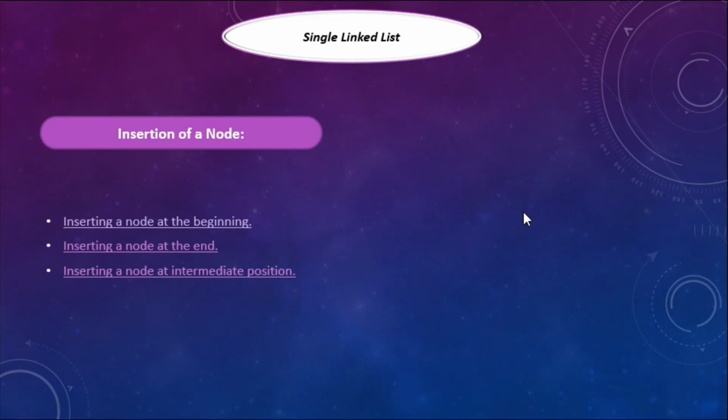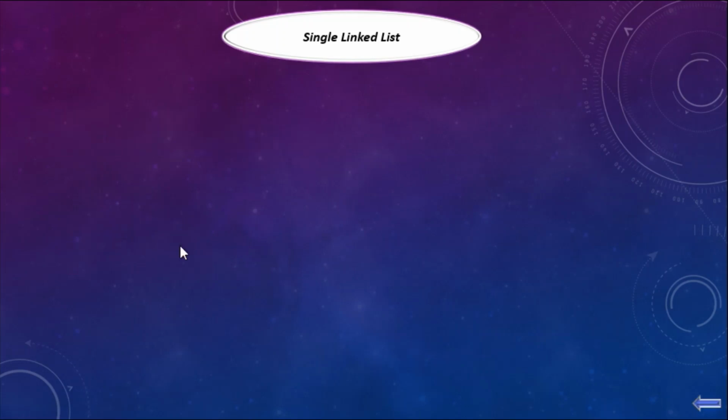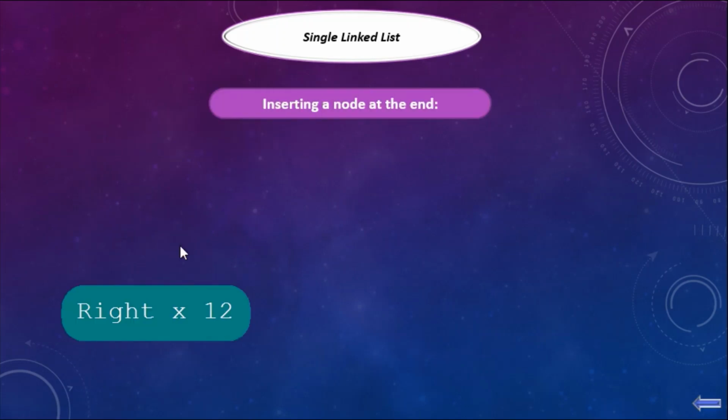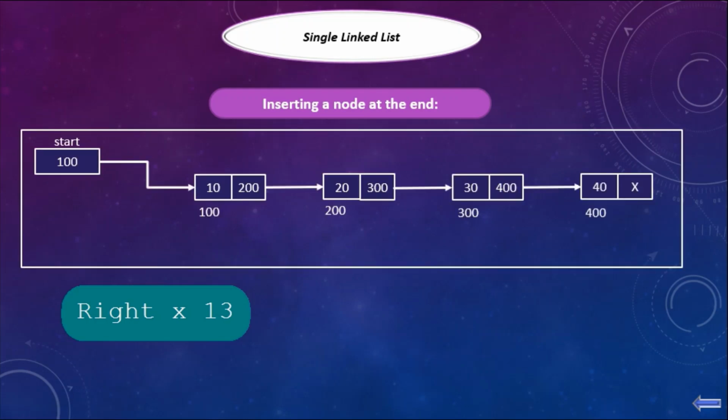So now we are going to discuss the insertion of a node at the end. To insert a node at the end, let's suppose we have a simple linked list of this type, and we need to add the new node which we have created at the last end of the single linked list.